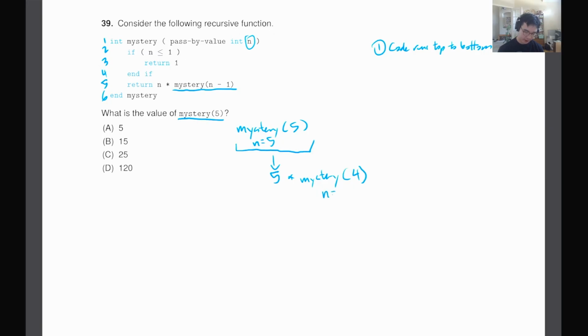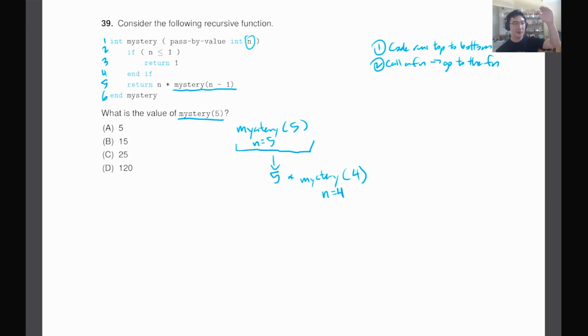We go to the function, call a function, go to the function. Okay? Again, we're just doing what the code tells us to do. We're calling mystery 4, so we go to mystery with the value of 4. And n should be 4 right now.